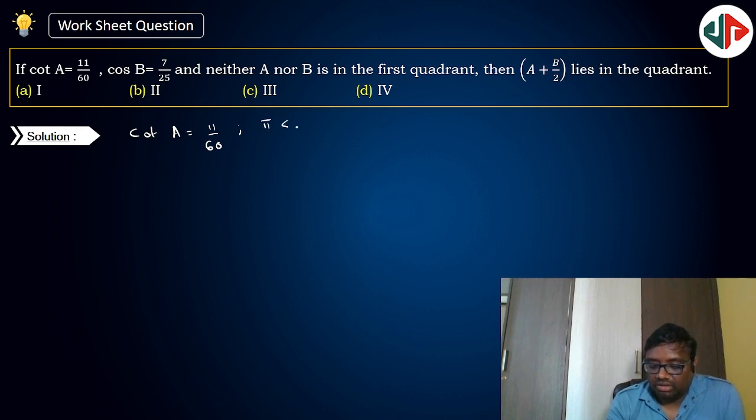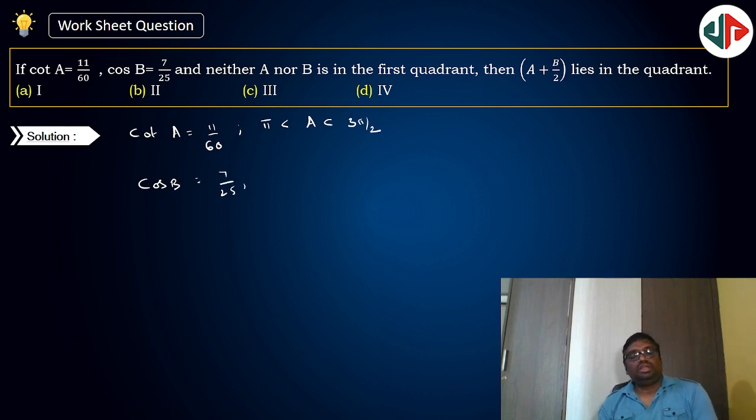Third quadrant. Pi less than A less than 3 pi by 2. In the same manner, cos B is equal to 7 by 25. Here B is also not lying in the first quadrant. So cos is positive in which quadrant? Either first quadrant or fourth quadrant. So that is why 3 pi by 2 less than B less than 2 pi.